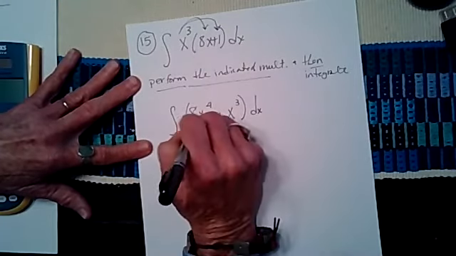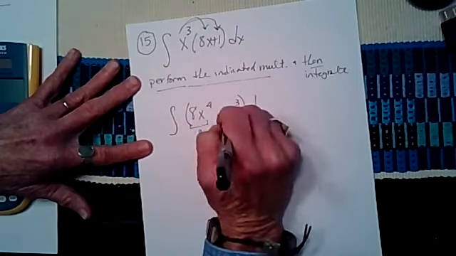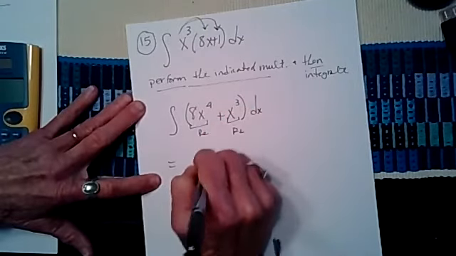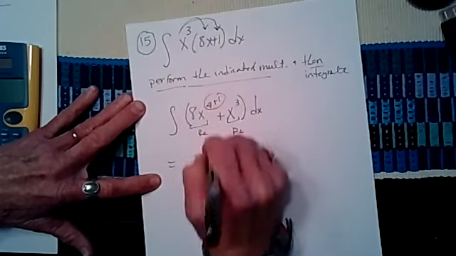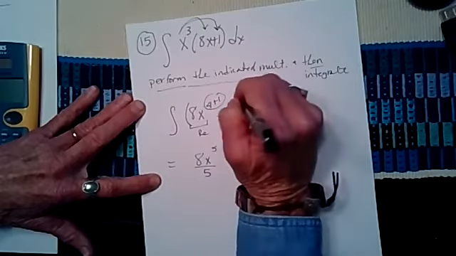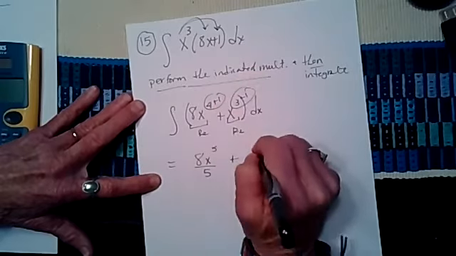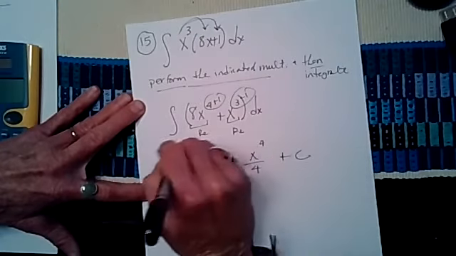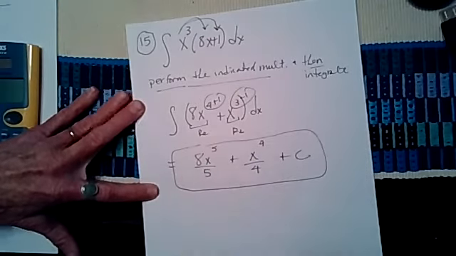And these are both just rule 2. So this is going to be 8x, my new exponent is 5, divided by 5, plus x, I add 1 to the exponent, 3 plus 1 is 4, divided by 4, plus c. And I'm done.